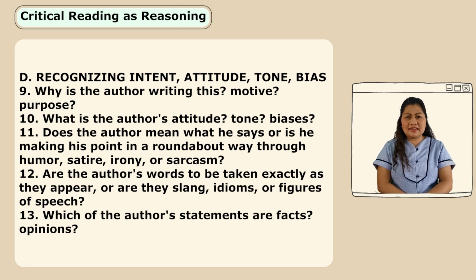Or is he making his point in a roundabout way through humor, satire, irony, or sarcasm? Are the author's words to be taken exactly as they appear? Or are they slang, idioms, or figures of speech? Which of these author statements are facts? Which are opinions?